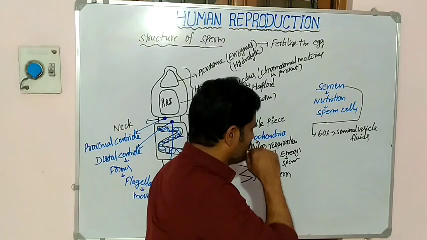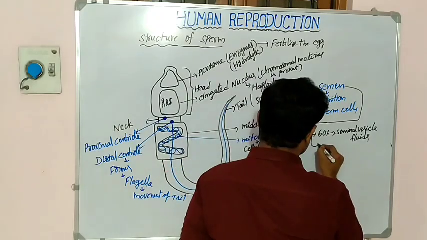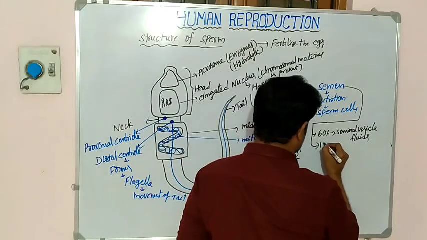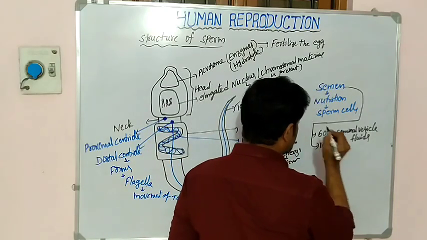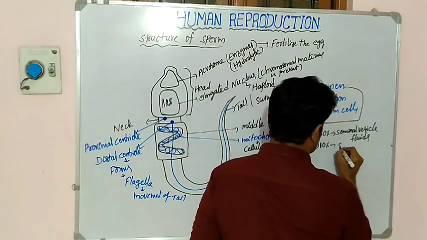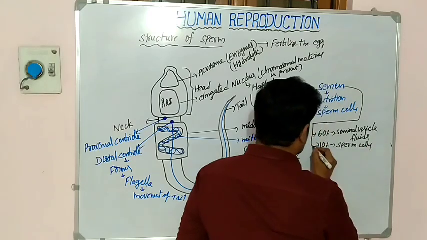Then next one, 10% of the semen consists of sperm cells. See, 10% sperm cells.